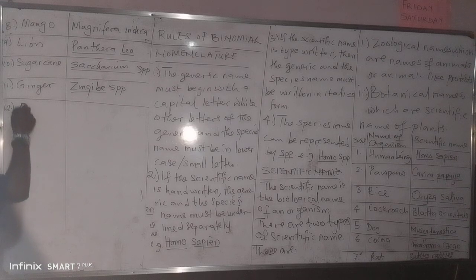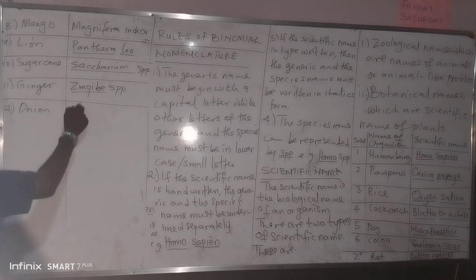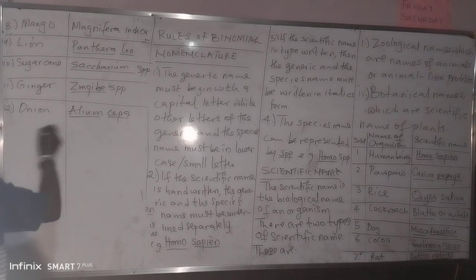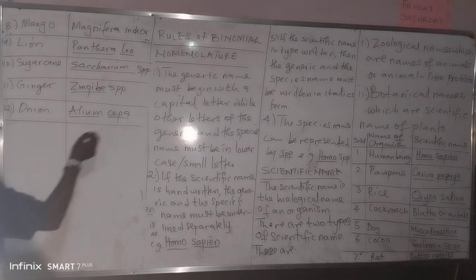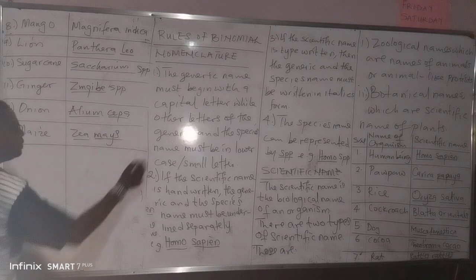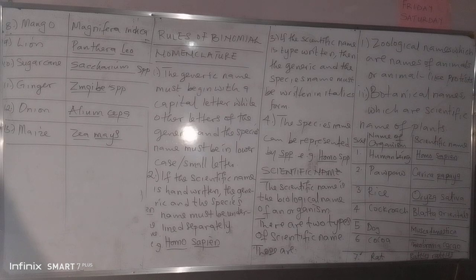Allium cepa. And so on and so forth. What about maize? Maize is Zea mays. What about Achatina species?